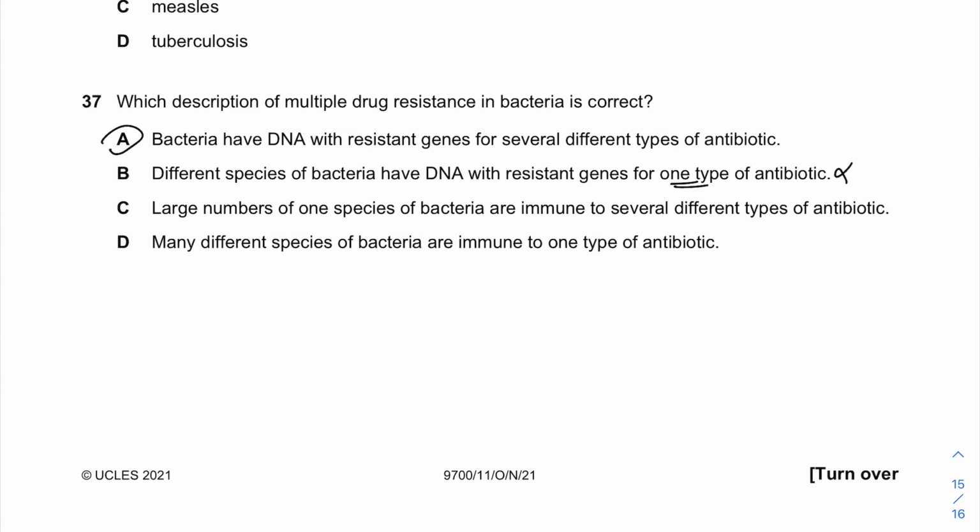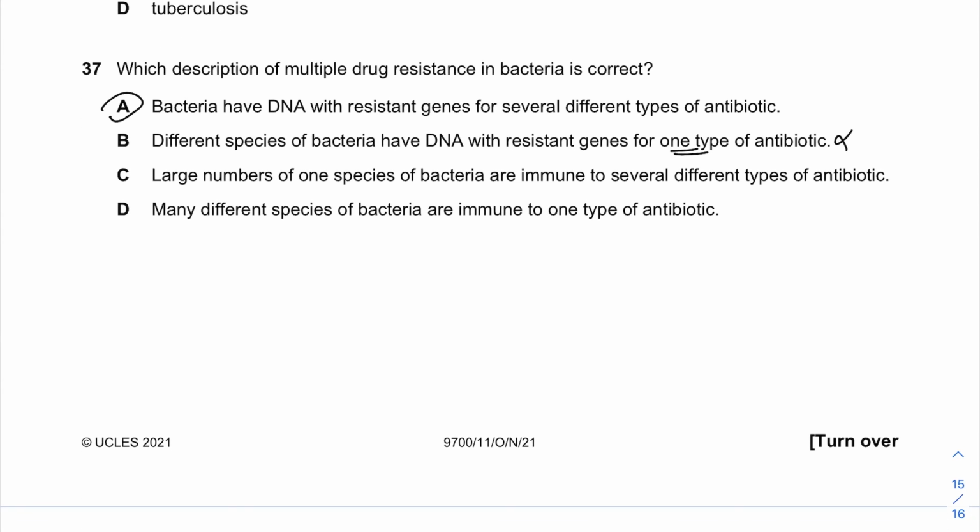C, a large number of one species of bacteria are immune to several different types of antibiotic. No, you can have multiple species of bacteria being immune to multiple types of antibiotic. D is incorrect as well. Many different species of bacteria are immune to not one, but many types of antibiotic.